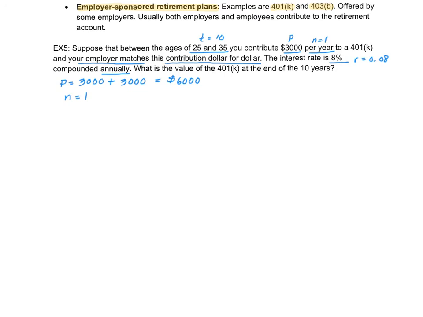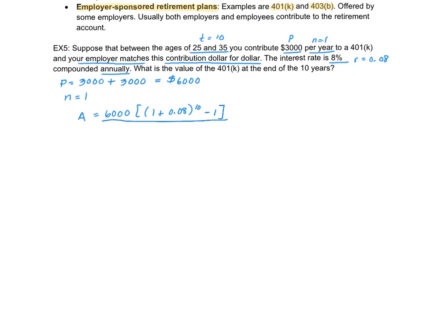Now I have everything. The formula I'm using is the first formula that we had for compounded yearly annuity. We're putting in $6,000 per year. It's 1 plus the rate of 0.08. The exponent is the amount of years investing, which would be 10 years, minus 1.